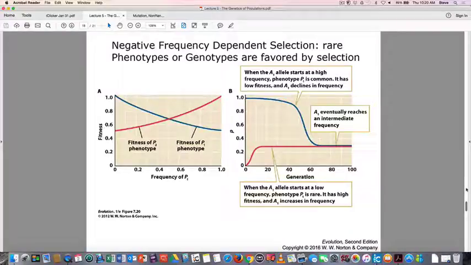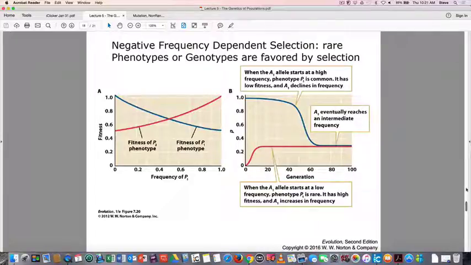This is one of the more interesting kinds of what we call frequency-dependent selection. What I'm going to focus on is what's called negative frequency-dependent selection, and let me just define what that means. It means there are alternate phenotypes and or genotypes in a population. Their fitness is not fixed.